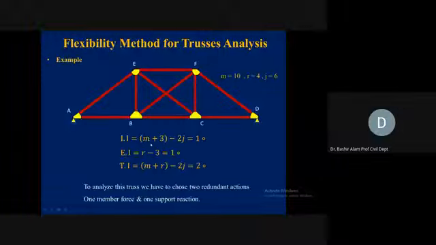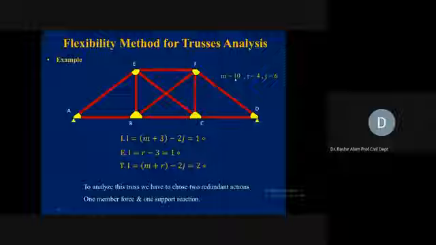Now let's take the example of this truss. We have a truss having the joints A, B, C, D, E, F. How many members do we have? The bottom chord, if we see, 1, 2, and 3, top chord 1, so 4. Then we have the web members, the diagonals and the verticals. So these are 6 now. So 6 plus 4 is equal to 10. M is equal to 10.